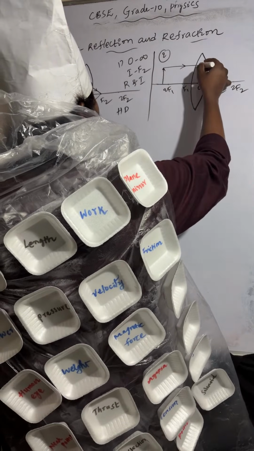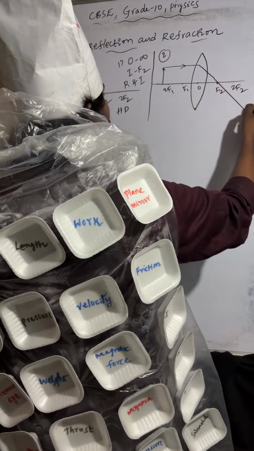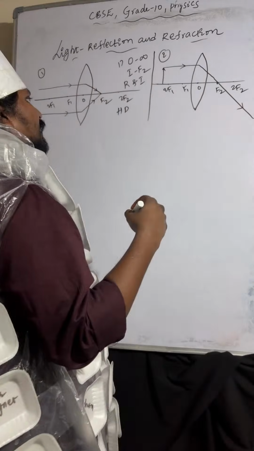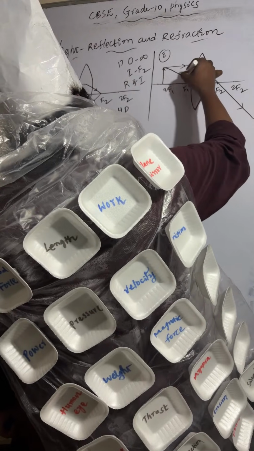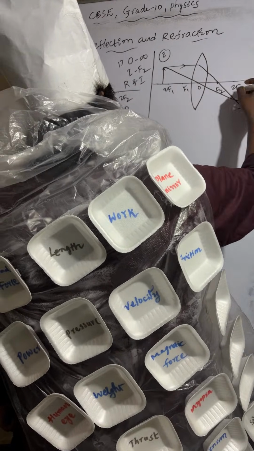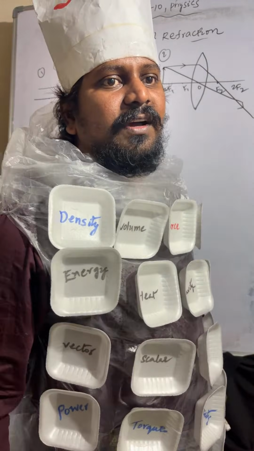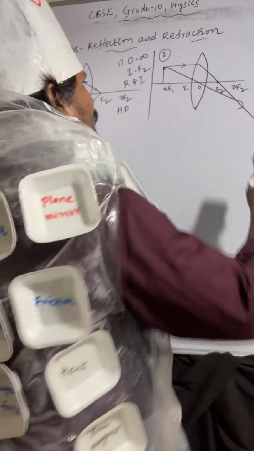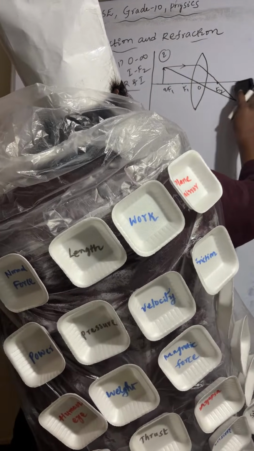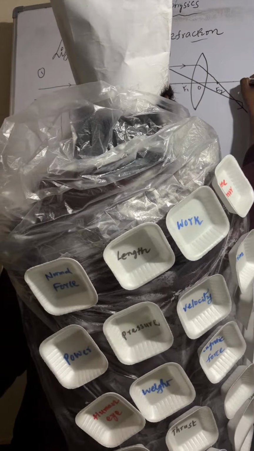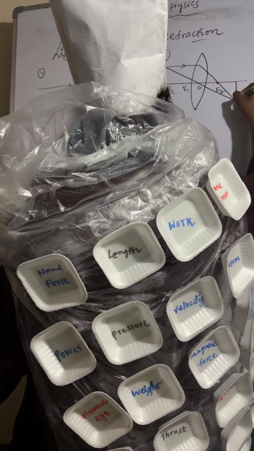If the light ray is passing through focus, and one more light ray is passing through optic center, those light rays will meet between F1 and 2F1. So here you can see the image.